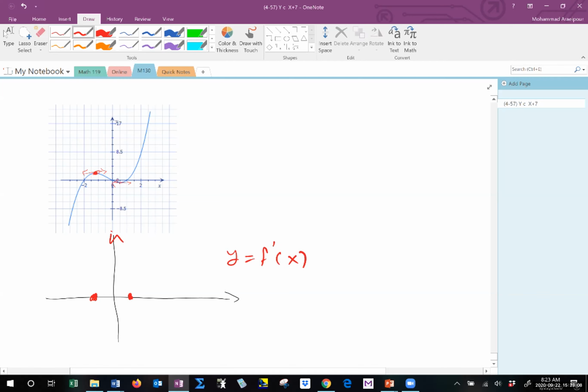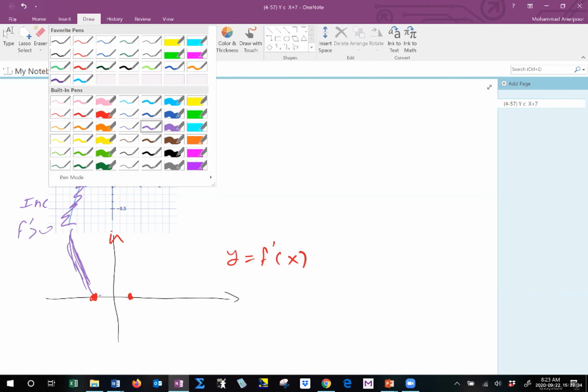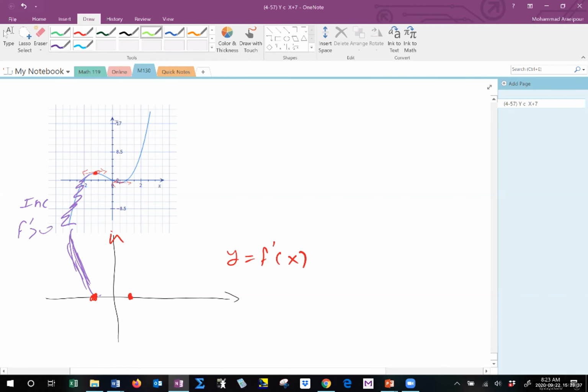Okay, so with that being the case, let's look at this portion. This is increasing, as you can see, and f prime therefore is positive, so it's above the x-axis. Something like that. It doesn't have to be perfect. If you look at this portion of the graph, this portion is decreasing. f prime is negative, so it has to go below the x-axis.